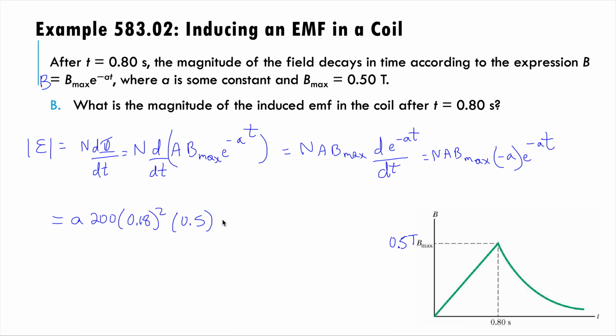And then we have e to the negative a t. So we do see that the EMF induced is a function of time, and if we are given a certain time, then we can just plug it in, but otherwise this is our final answer.